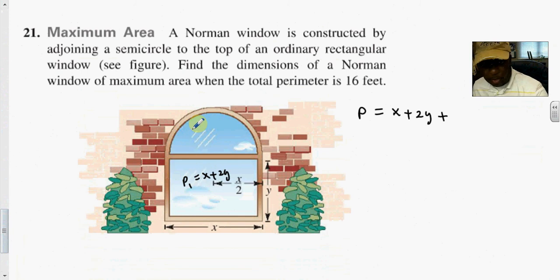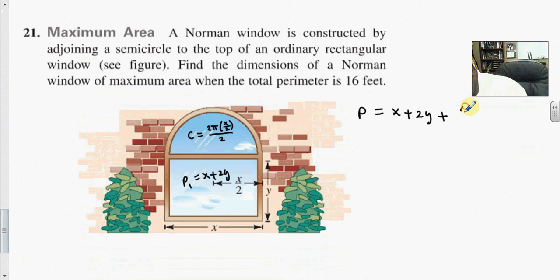To build the perimeter for a circle, we call that the circumference. And here is going to be half of it. So the circumference formula is 2 pi r. So this is 2 pi, and r is said to be x over 2. It's going to be divided by 2. So here, that gives us pi times x divided by 2. So this is our perimeter.